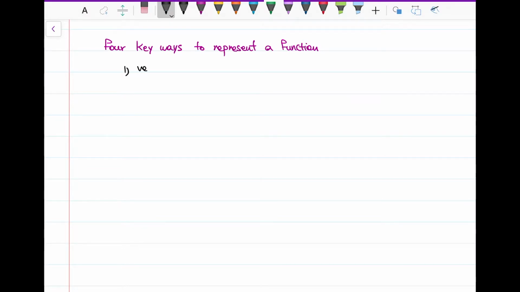The first one is verbally, which is basically using words to describe a function, which is not that useful often in math. The second one is numerically.